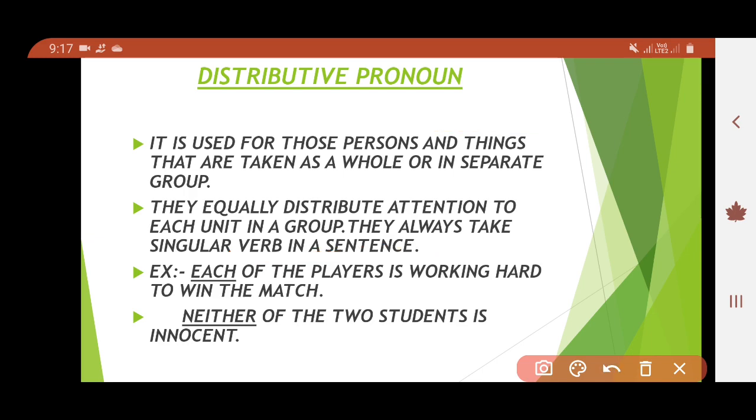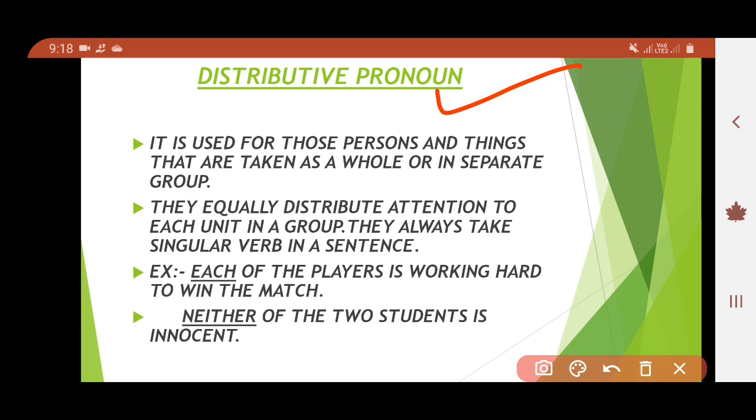It is used for those persons and things. Okay, distributive pronoun is used for those persons and things that are taken as a whole, or complete. Or it is also used for those persons and things that are taken in a separate group, another group. So they equally distribute attention. That means this distributive pronoun equally gives importance, equally gives attention to each unit in a group.